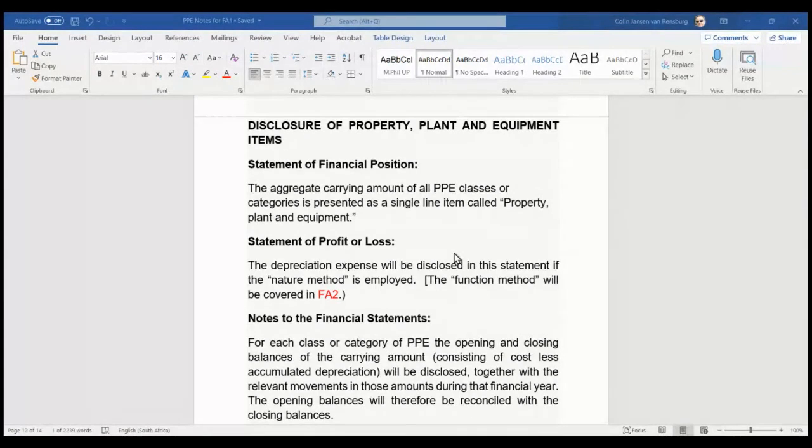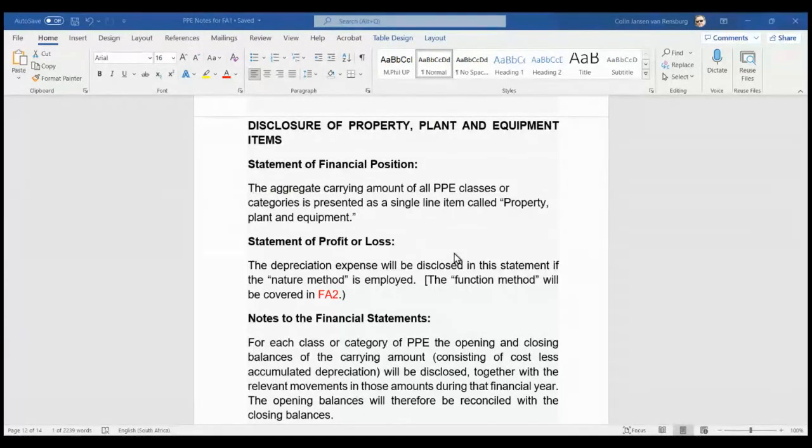We very often talk about minimum disclosure requirements. So, what is the minimum that needs to be disclosed? The minimum is that you have for property, plant, and equipment one line item under non-current assets called property, plant, and equipment, and nothing else except for the notes, which we'll talk about soon.